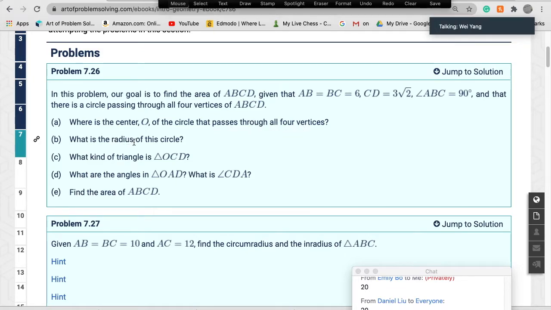B, what is the radius of this circle? C, what kind of triangle is OCD? D, what are the angles in triangle OAD? What is the angle CDA, angle CAD? E, find the area of ABCD.